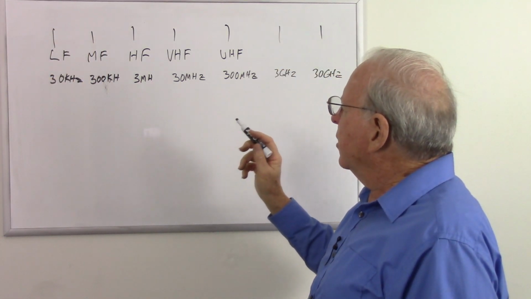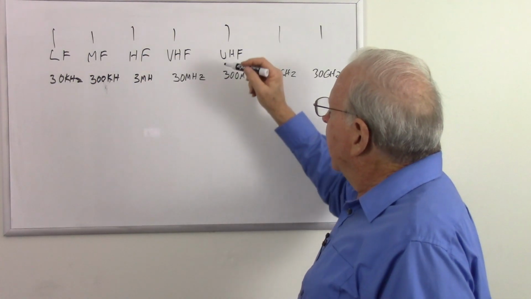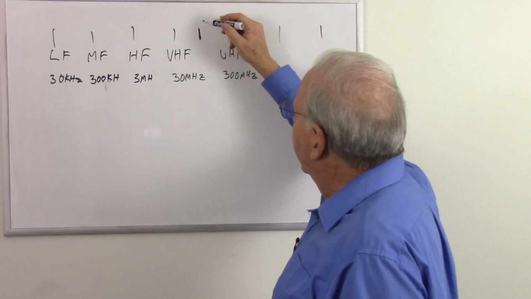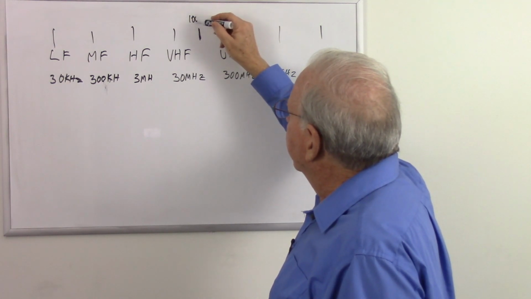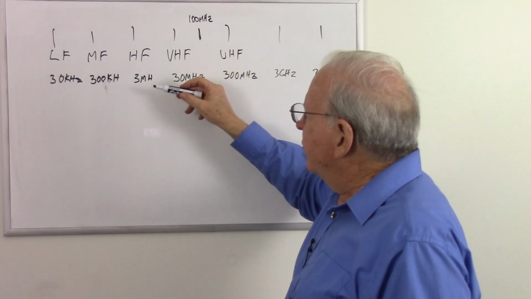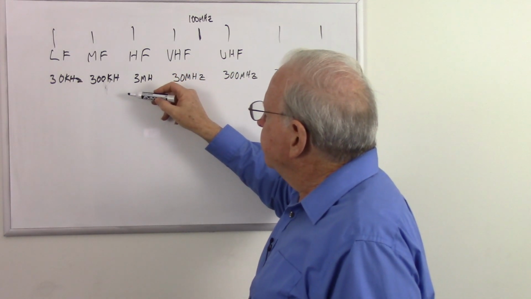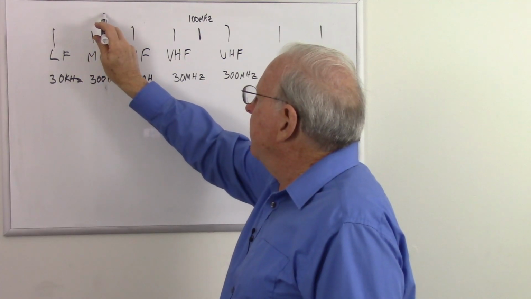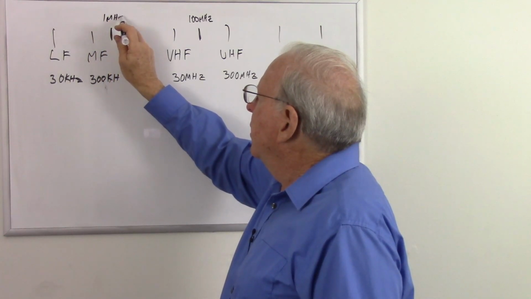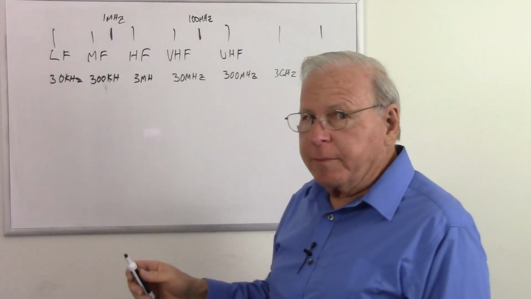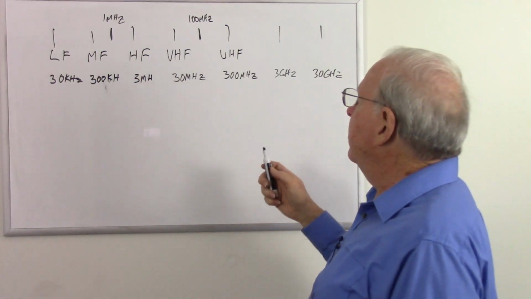Just to let you know where things are, FM broadcasts are somewhere up around here at roughly 100 megahertz. AM broadcasts are somewhere down in here, around 1 megahertz. In the United States, our AM broadcasting band is centered on 1 megahertz, but they may be different in other countries.